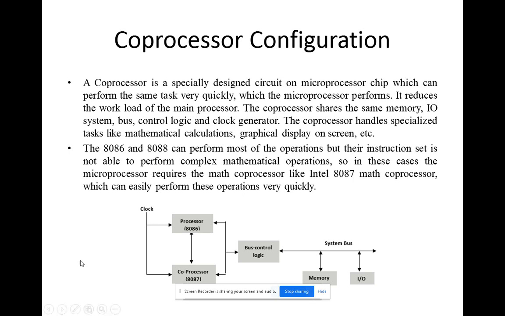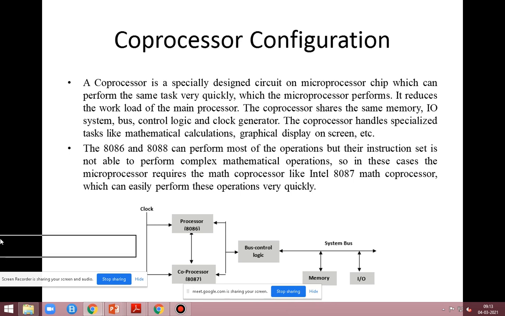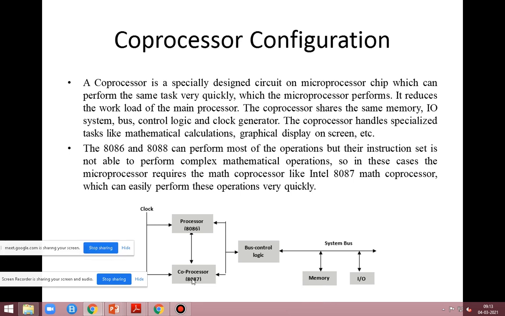Look at the diagram and see the co-processor 8087 connected with 8086. This is your normal 8086 processor, and in addition to that we are going to connect a co-processor 8087.